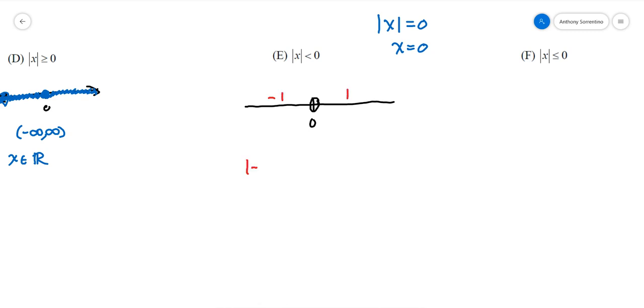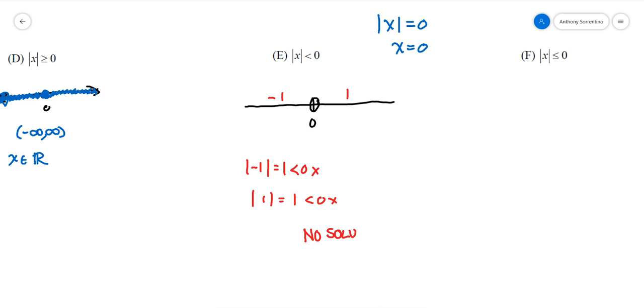Again, the absolute value of -1 is going to equal 1, is that less than 0? Well, no, it isn't. So I don't shade that part. Same thing with 1. So I don't shade the right, I don't shade the left, and I have an open dot at 0. So this would be an instance where I have no solution.